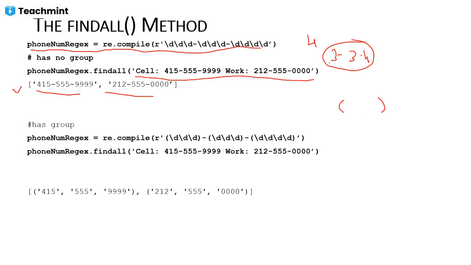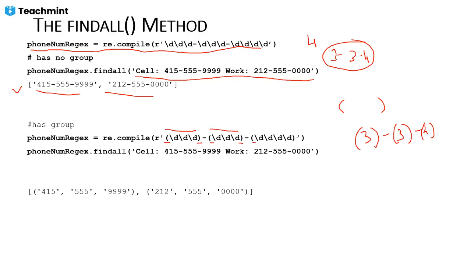In the same example, I consider the first 3 digits as my first group, the second 3 digits as the second group, and the last 4 digits as my third group. So brackets are used, and an open bracket and close bracket form the group.